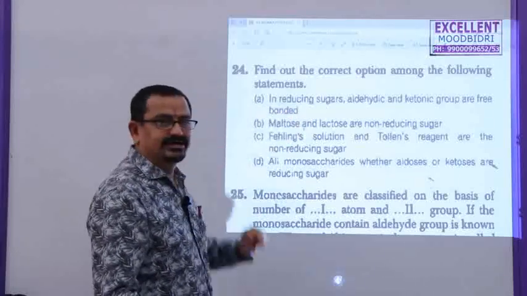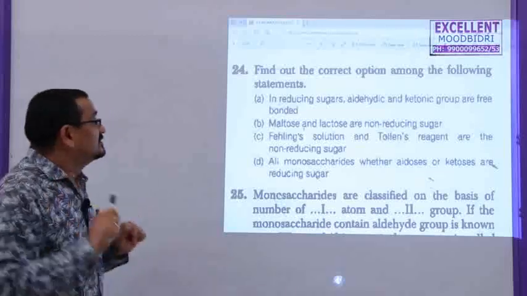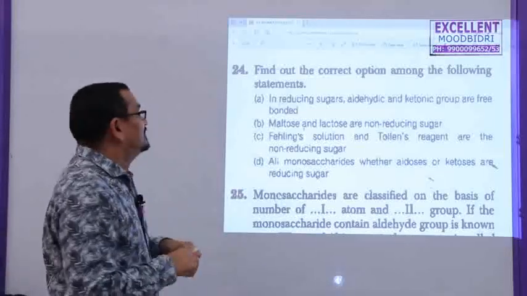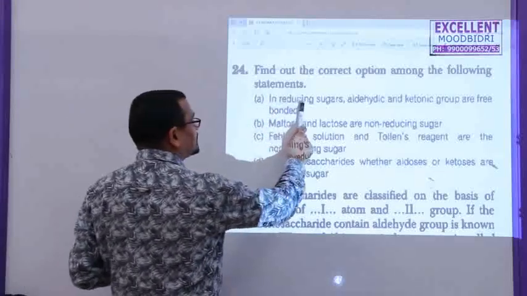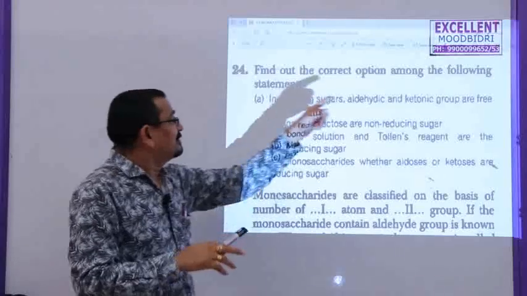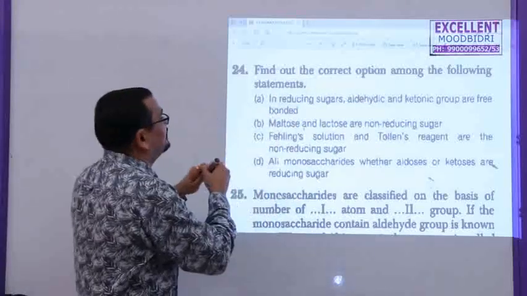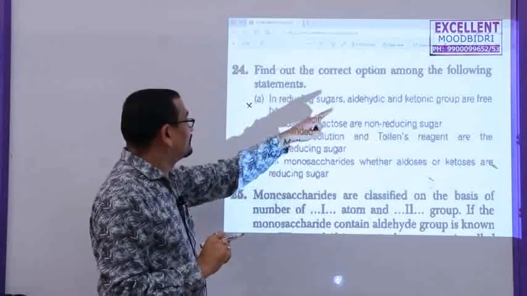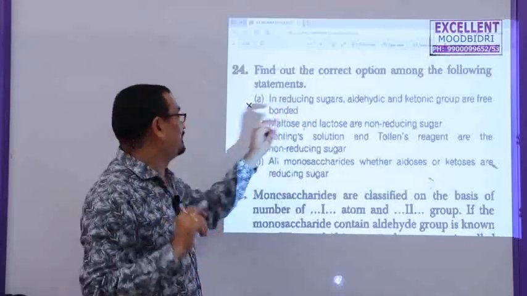Freely bonded. They should not be bonded. Aldehydic and ketonic groups should be free, without any bonds, but here it is given as free bonded. This is an incorrect line. So we should be very careful with such presentation in the paper.